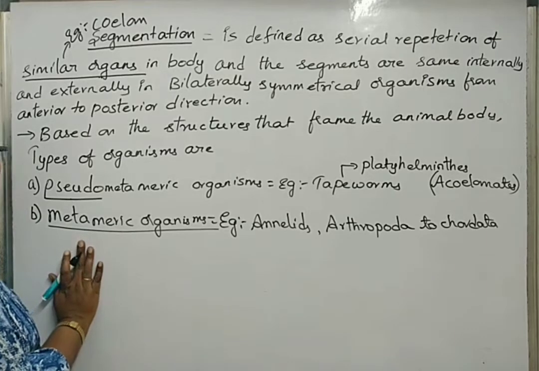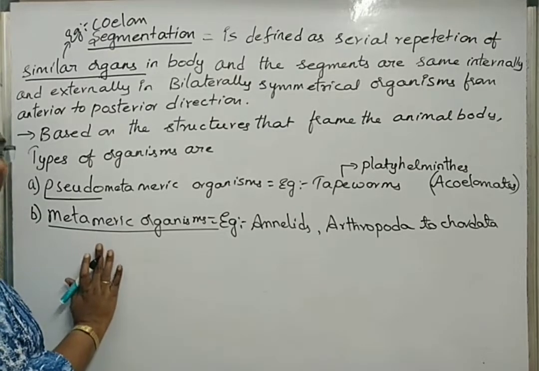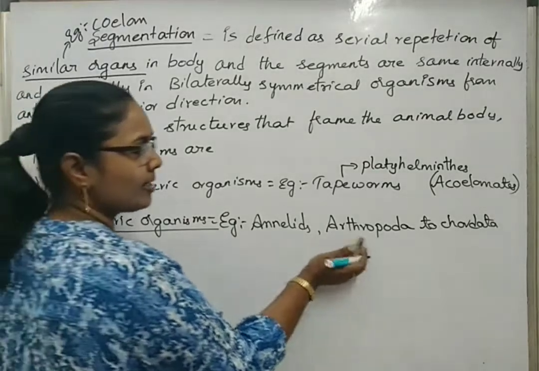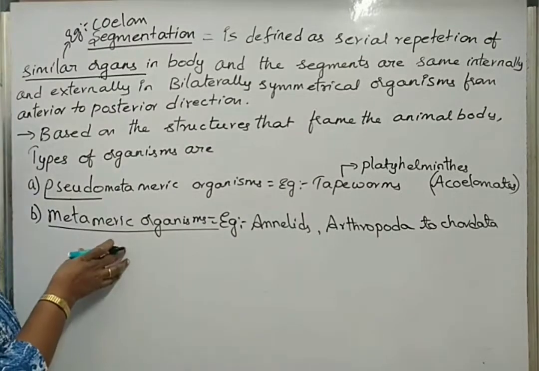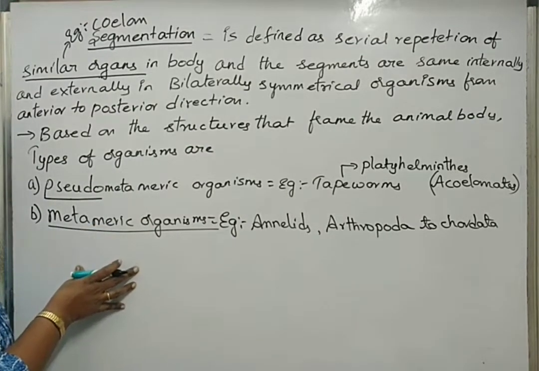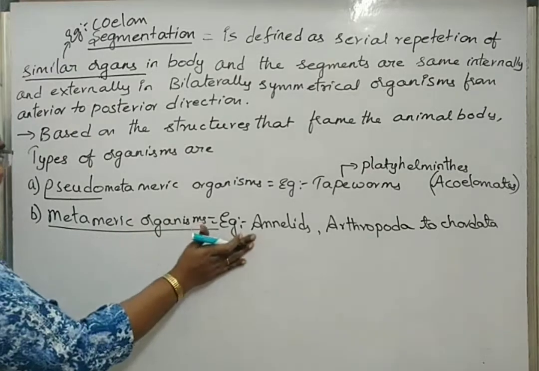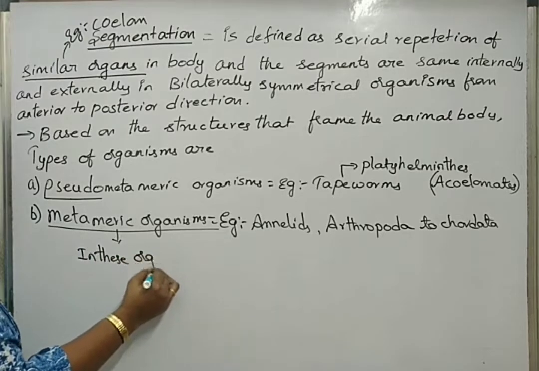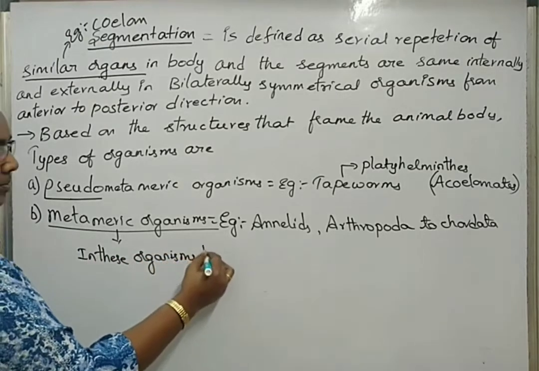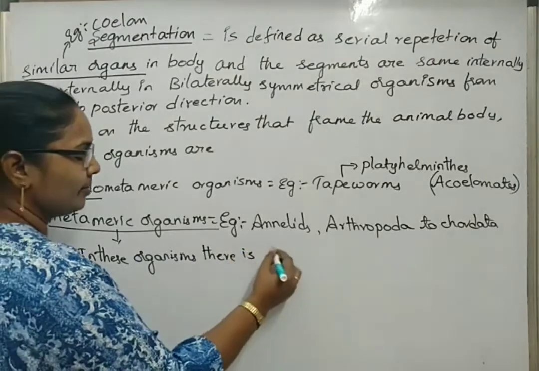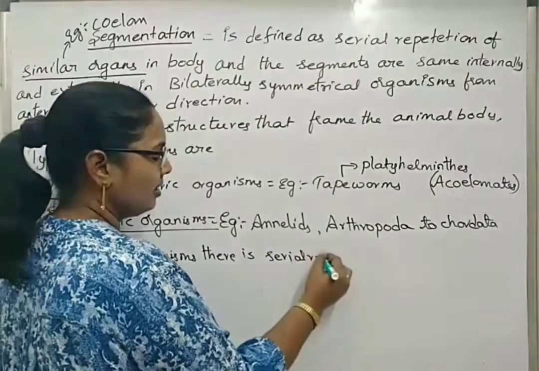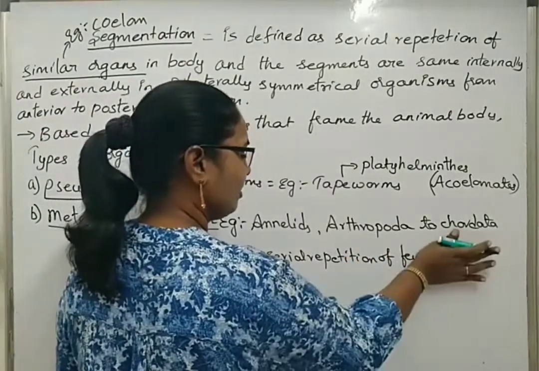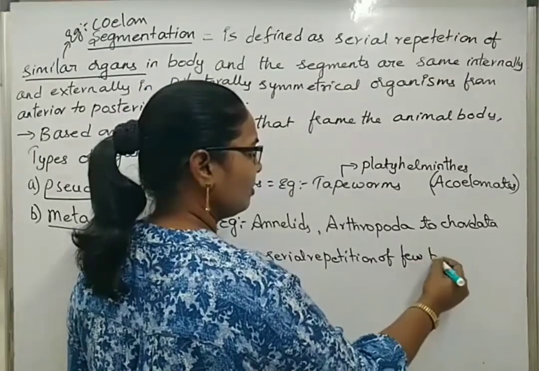In these types of organisms, the body is externally and internally divided into segments with serial repetition. This is coelomate, coelomate, and coelomate. The coelom is repeated in all the parts of the body. So we are telling that these types of examples are metameric organisms. In these organisms, there is serial repetition of a few body parts.